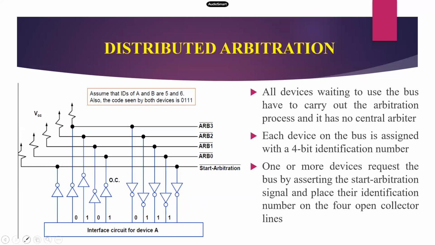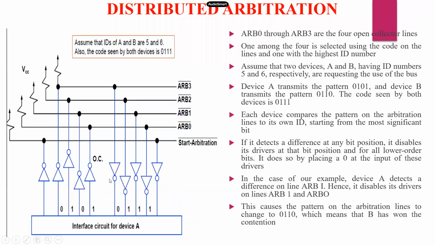Then how to choose the device? According to this example, there are 2 devices connected, device A and device B. Which device will be selected? ARB0 through ARB3 are 4 open collector lines. One among the 4 is selected using the code on the lines, the one with the highest ID number.